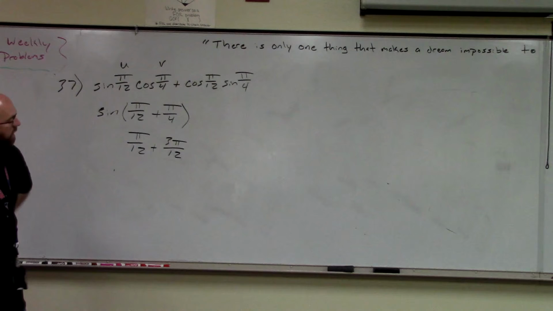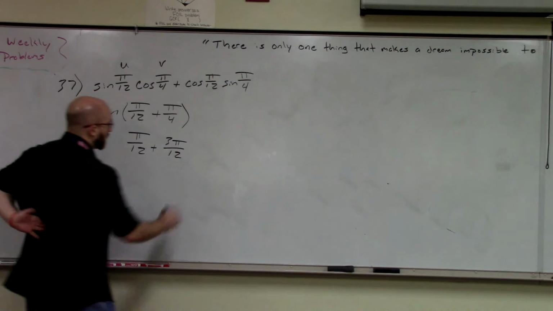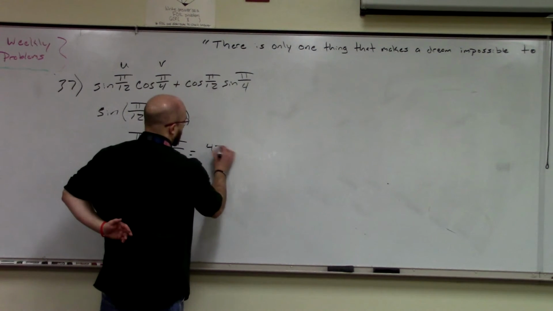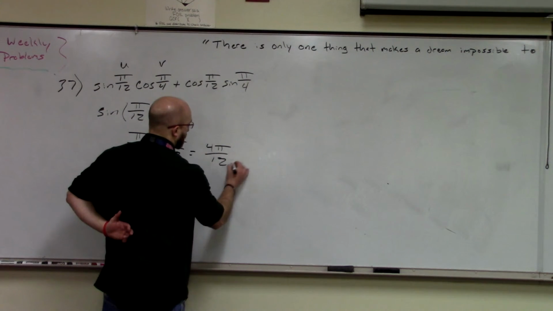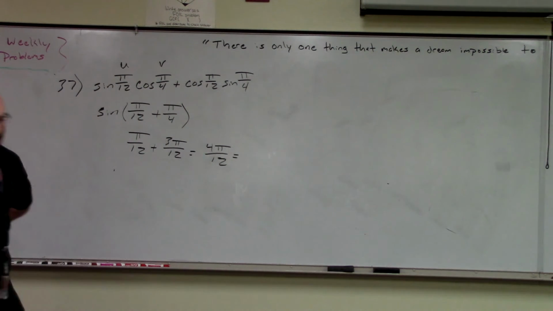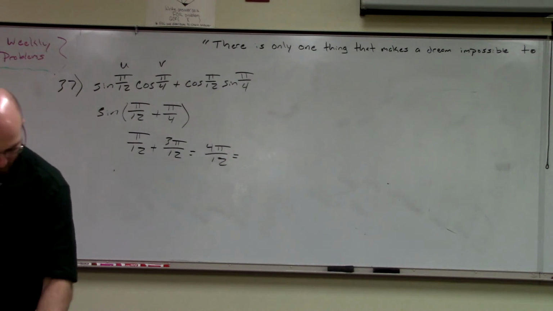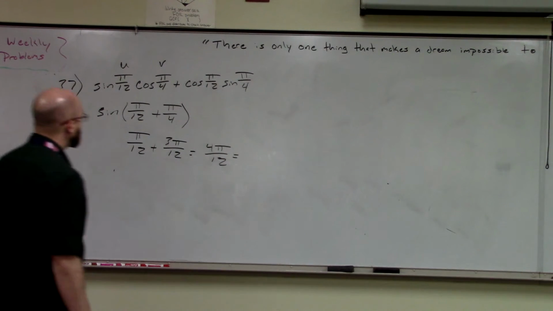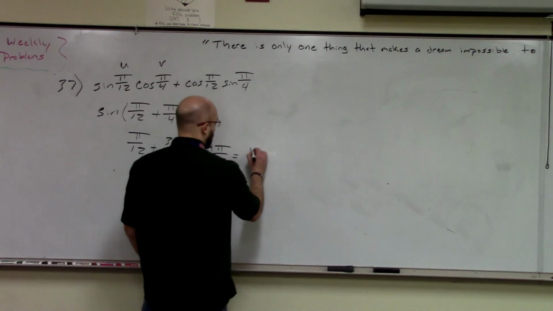Add those up, we get 4 pi over 12, which reduces down to pi over 3.